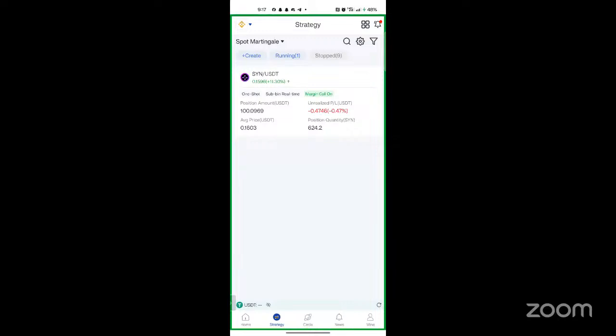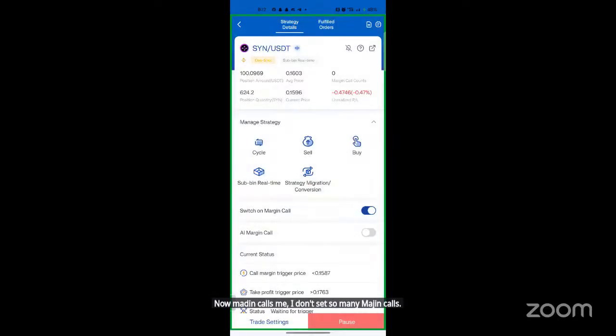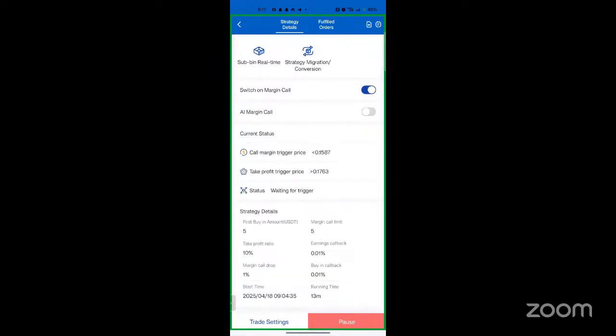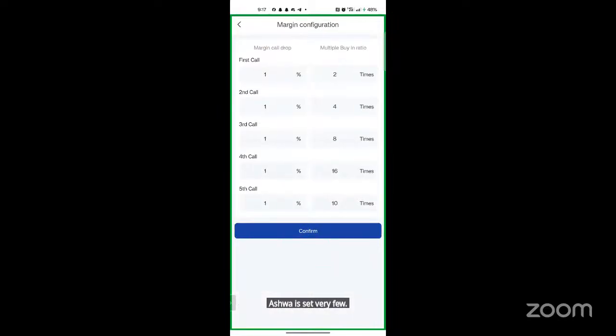No, margin calls, me, I don't set so many margin calls. I usually set very few because I don't need many margin calls. I don't know if people understand me, but when I open a coin and I have done analysis to it, I don't need to come and put here 50 margin calls.